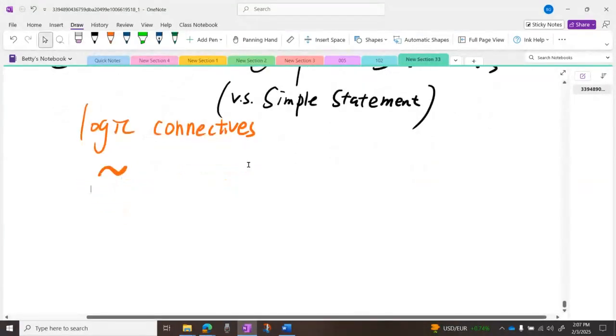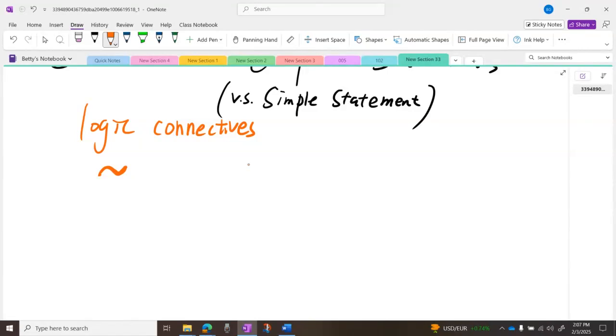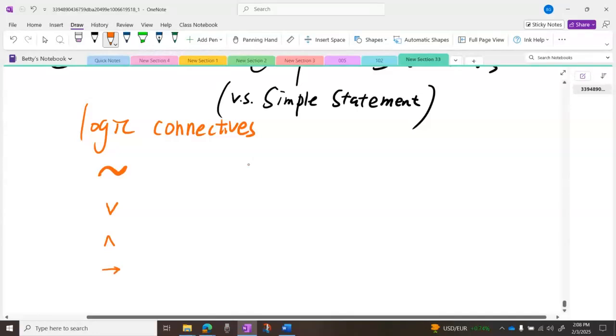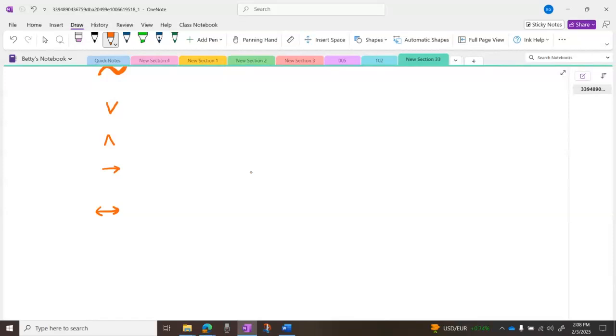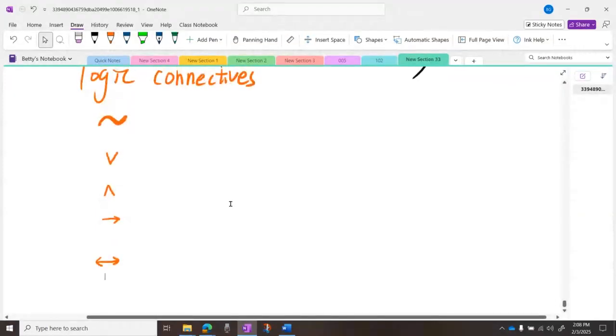Okay? We are going to learn some symbols, very important. That's the first symbol. And then we're going to learn this one, this one, this one, and this one. In the rest of the chapter, we are going to deal with those symbols a lot. 1, 2, 3, 4, 5.